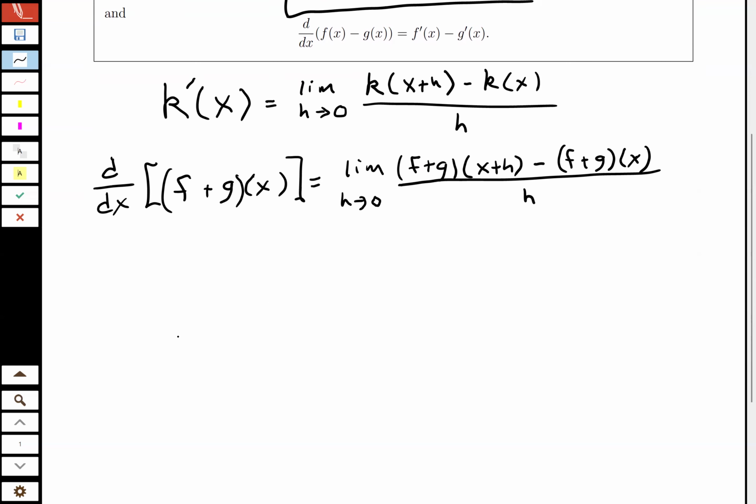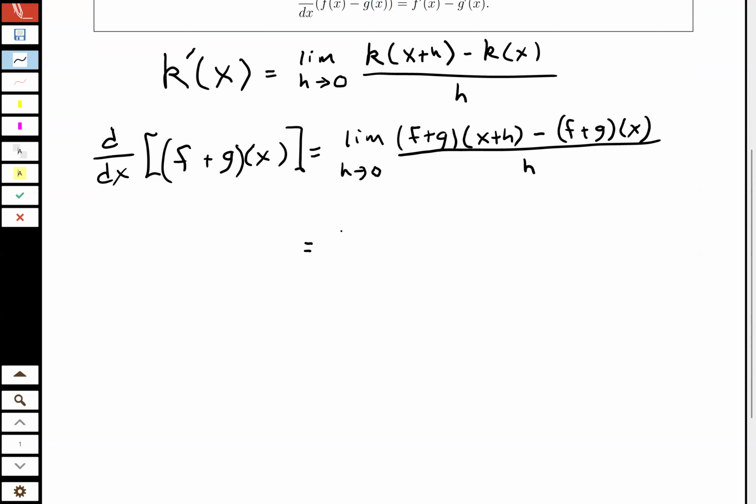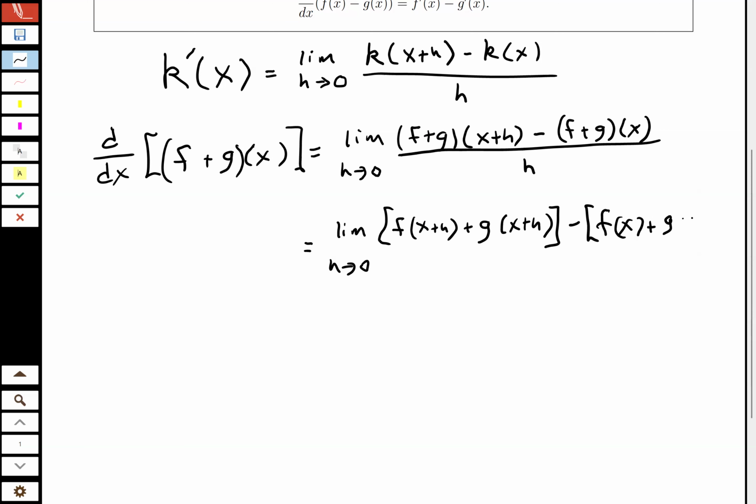I'm going to write this top expression a little bit differently. And I'm going to put some parentheses up just to be really careful with the signs. So I've got f of x plus h, because I really have f of that input, and I also have g of x plus h. So that first expression piece that we had earlier with f plus g, this is another way to write it. And this is f of x plus g of x. This is all over h.